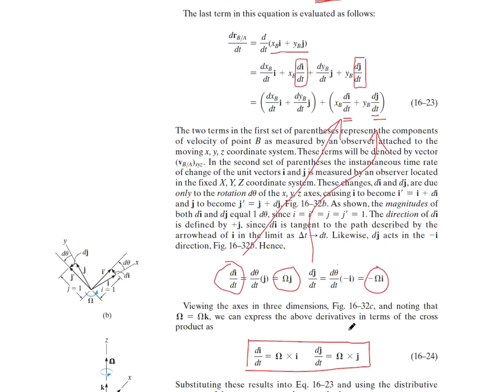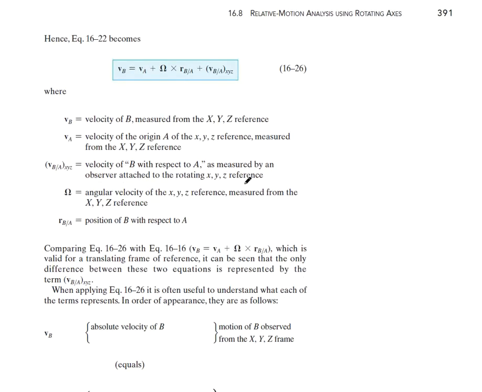So this velocity equation appears to have one additional term. This is the relative velocity of point B with respect to A in the moving frame.